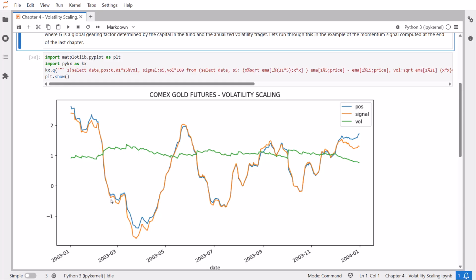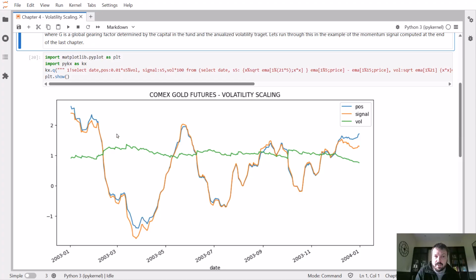And what you see is by scaling the position by the volatility, when the volatility is high, we're going to scale out of our position. So our position will be slightly less aggressive than what we had planned based on this volatility scaling.